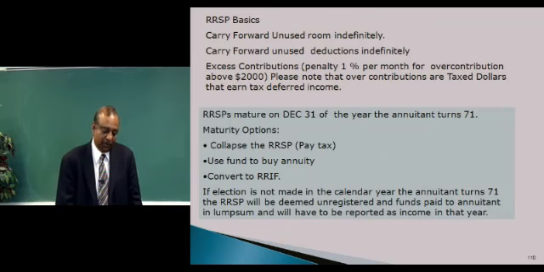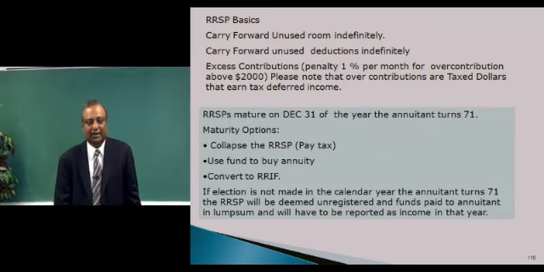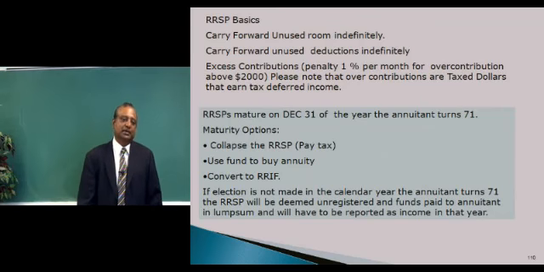But please note that the $2,000 that you have over contributed, you cannot deduct for tax purposes. So it is after tax dollars that's lying in the RRSP account. But the growth on this is tax deferred. If you have more than $2,000, you pay a penalty tax of 1% per month, as long as the excess remains.